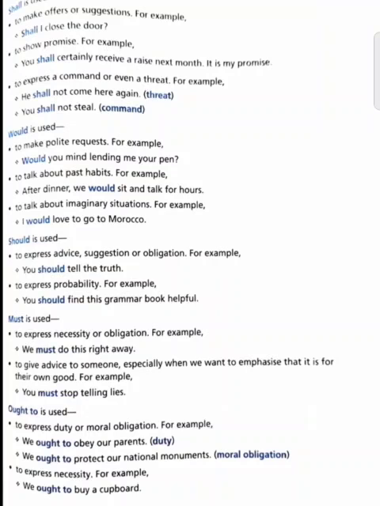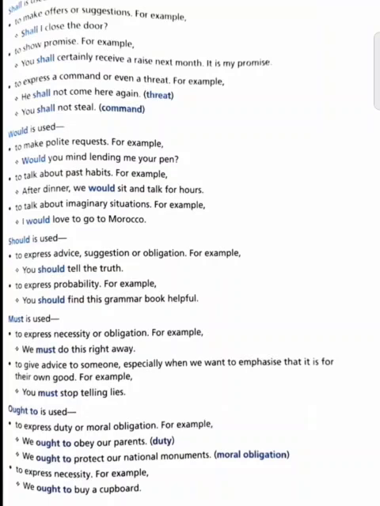So children, must is used to express necessity or obligation and to give advice to someone, especially when we want to emphasize that it is for their own good, like you must stop telling lies. So in such cases you will use must.